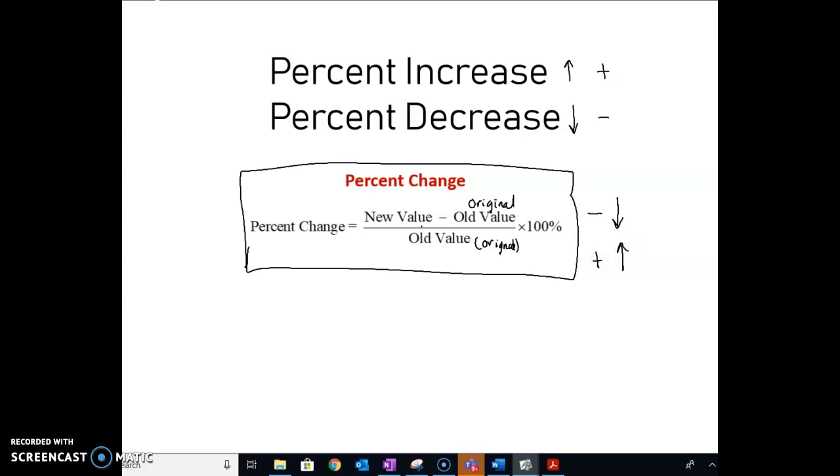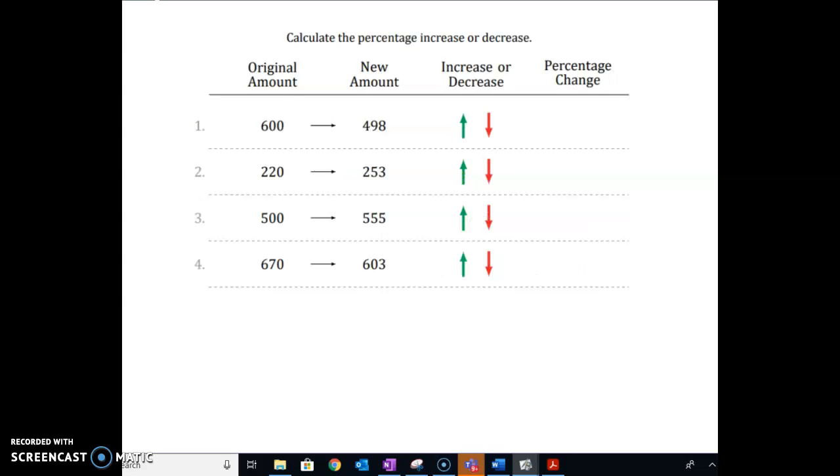Let's try some examples. They tell you the original amount and the new amount. So if we look at example 1, 600 down to 498, that is going to be a decrease. So you are going to take the new value, 498, minus the original, 600, divide it by 600, and then times by 100.